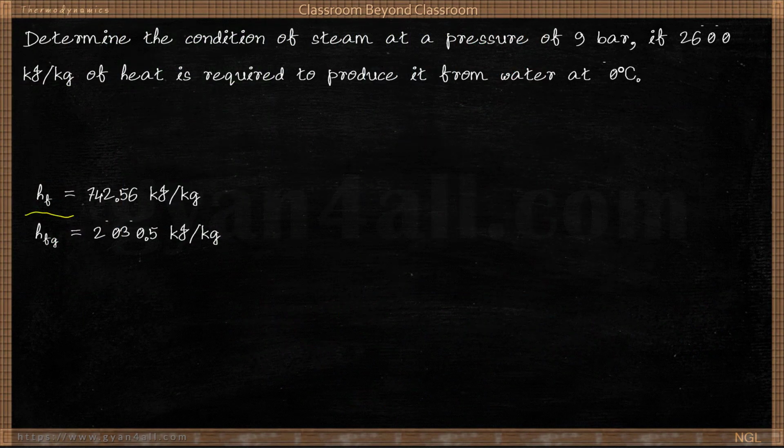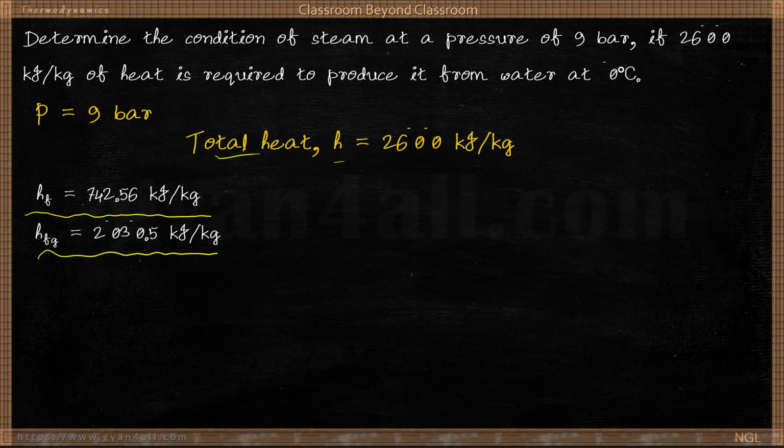From the steam table we get hf equal to this much and hfg equal to this much kilojoule per kg, and the total heat H is given as 2600 kilojoule per kg. And we have already found that the steam is wet steam. Therefore, H is equal to hf plus x hfg.